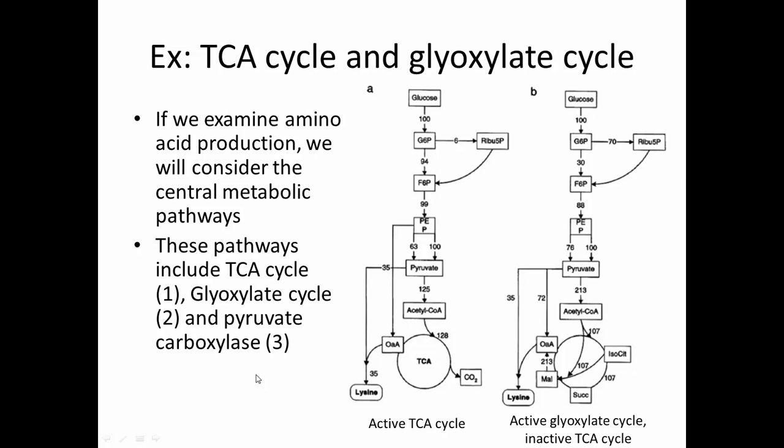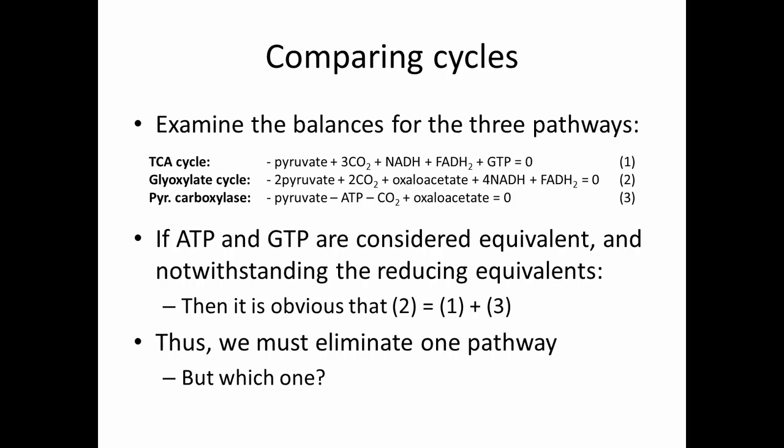So we have the TCA cycle, the glyoxylate cycle, and an enzyme called pyruvate carboxylase that converts pyruvate to oxaloacetate. So if we examine the balances for these three pathways, the TCA cycle, the glyoxylate cycle, and the pyruvate carboxylase, we see there's a lot of similarities here. We are all dealing with pyruvate here. Pyruvate is one of the main substrates, and carbon dioxide is also present.